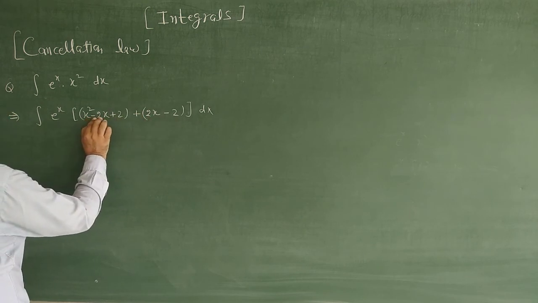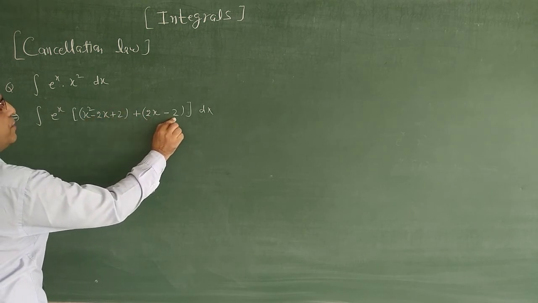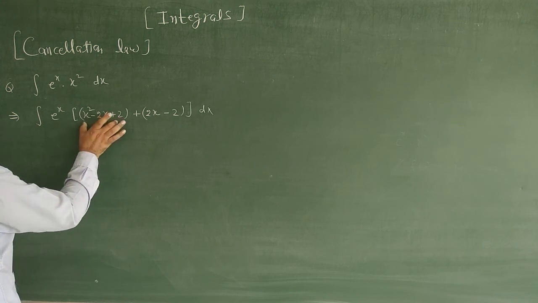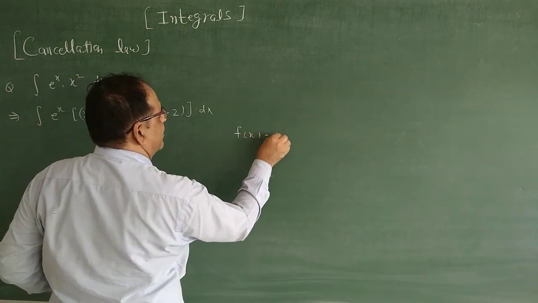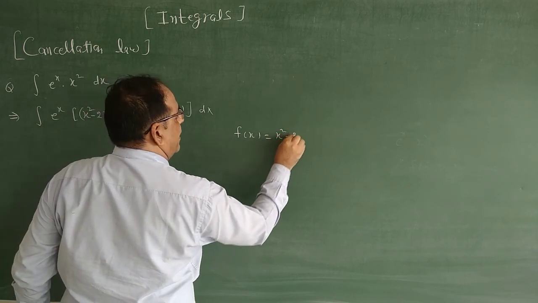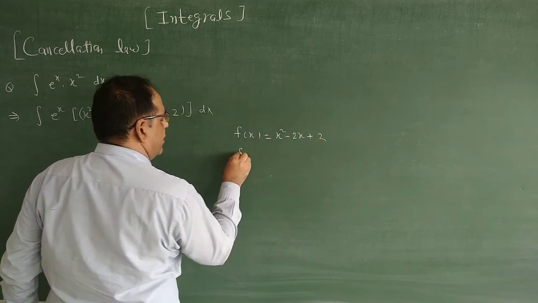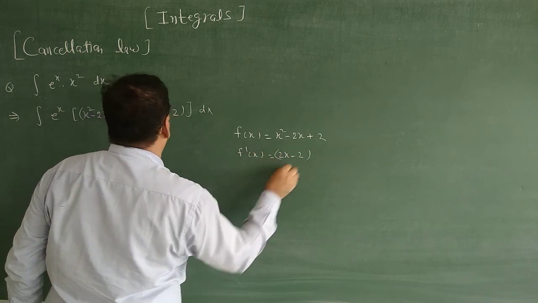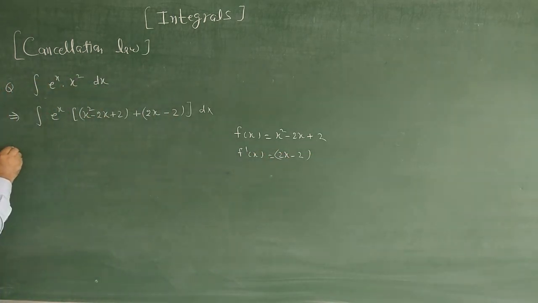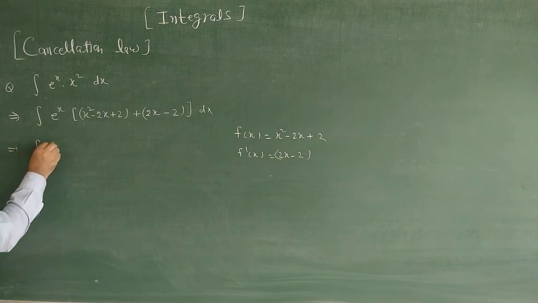The differential of minus 2x is minus 2, and this minus 2 is balanced by plus 2. So here f(x) equals x square minus 2x plus 2, so f dash x is 2x minus 2.